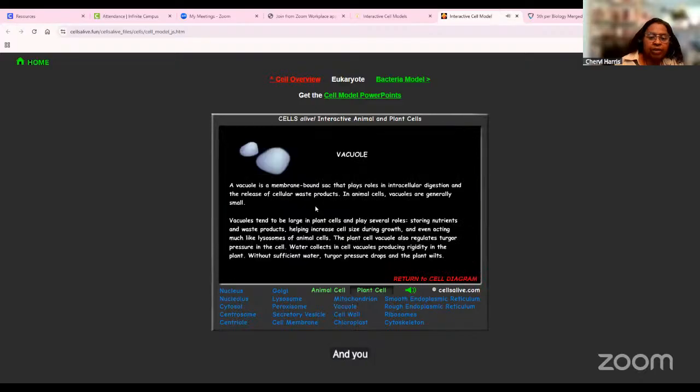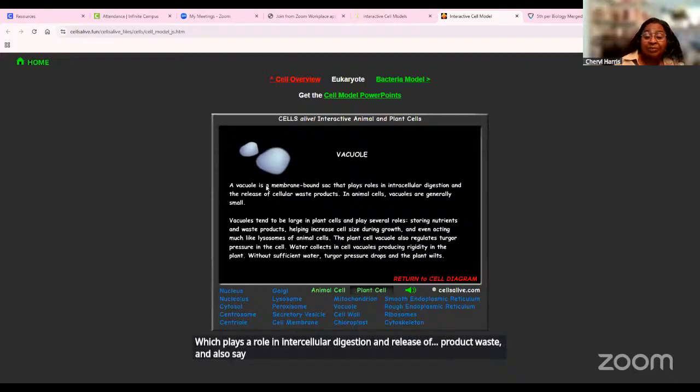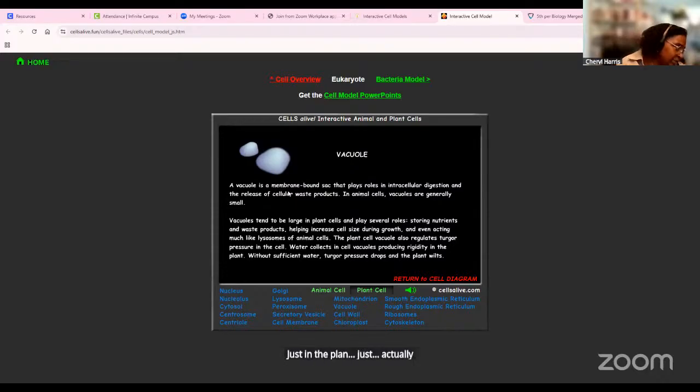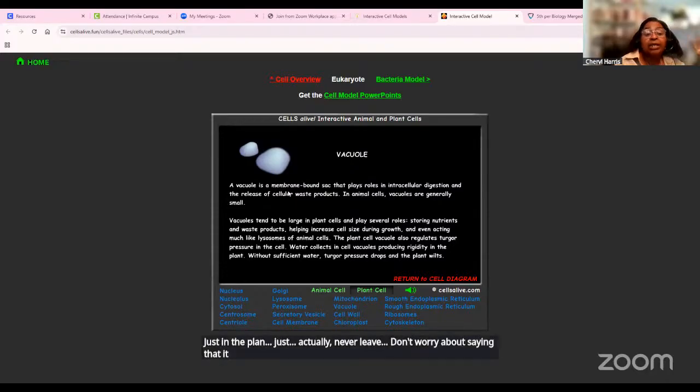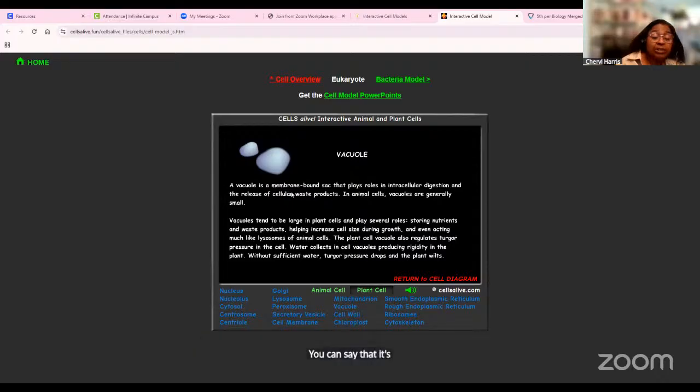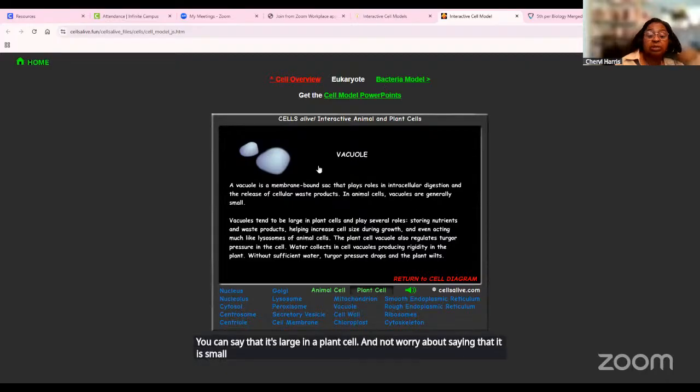And you click on vacuole, it tells you that it is a membrane-bound sac, which plays a role in intracellular digestion and release of product waste. Don't worry about saying that it's in the plant cell. You can say that it's large in a plant cell and not worry about saying that it is small in animal cells. The important part, it is very large and very central in a plant cell.